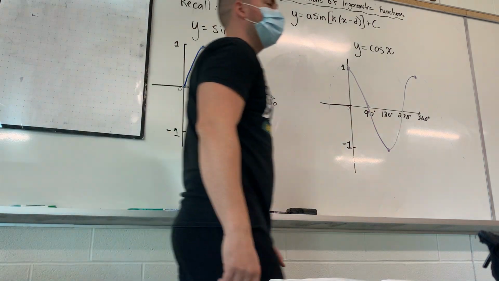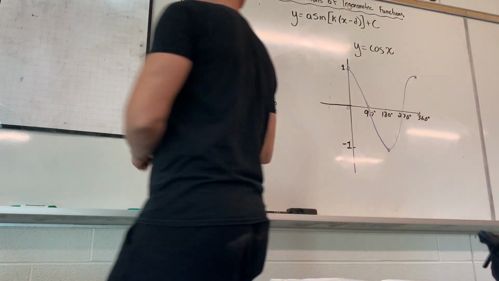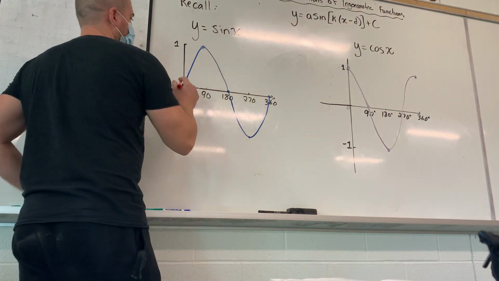In its very basic form, the parent function goes as high as +1 and as low as -1. That can change once we do stretches and compressions, but the parent function goes from as high as 1 to -1.